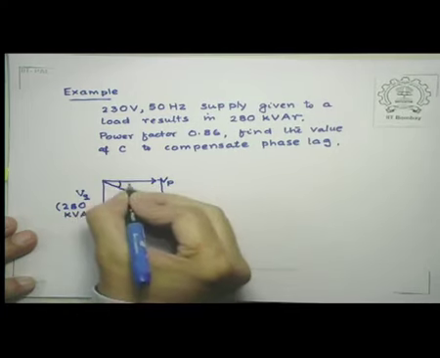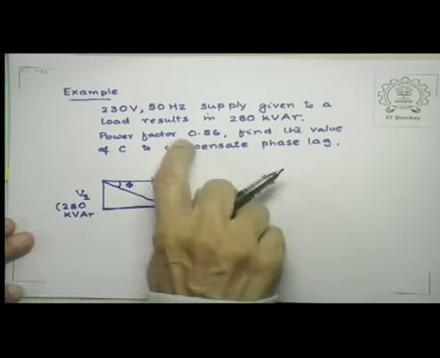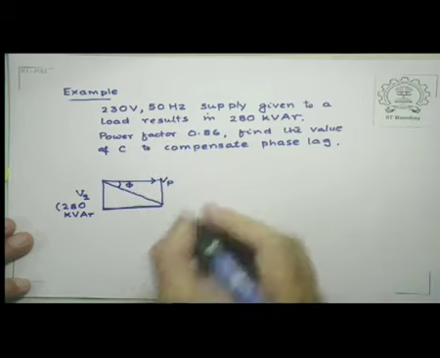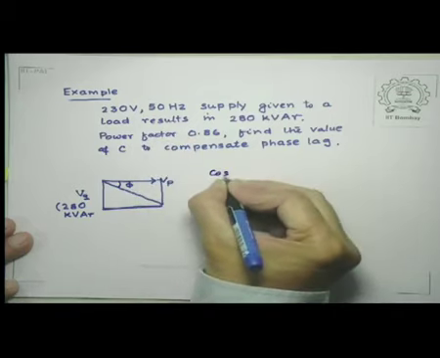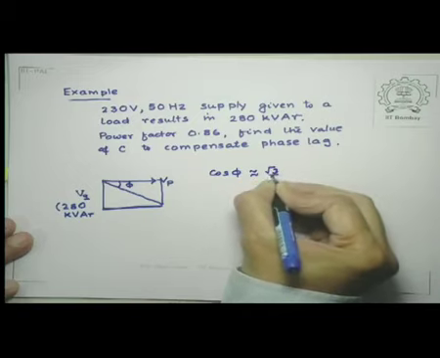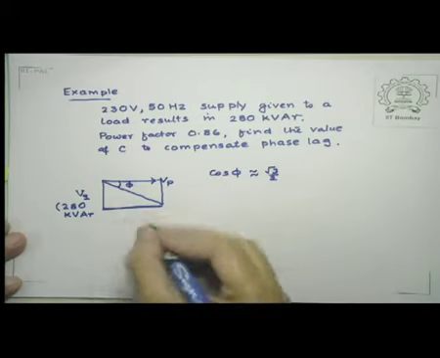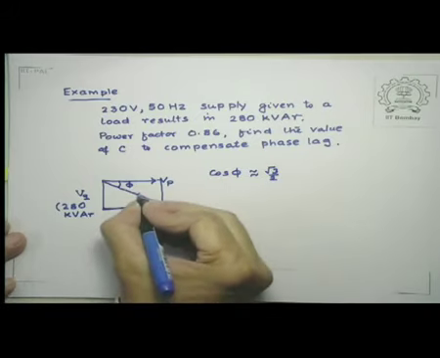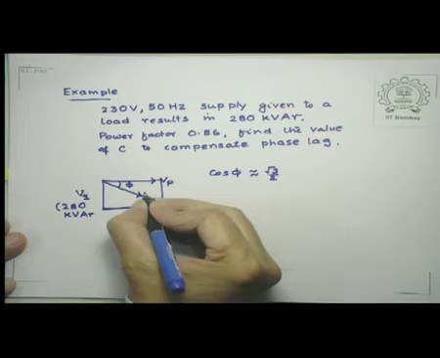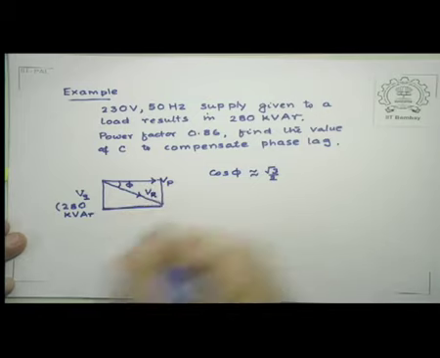And this angle is phi. Since power factor is cosine of phi, cos phi is approximately equal to √3/2. So my phi is of course 30 degrees, and this is my apparent power. Let's call it VR.